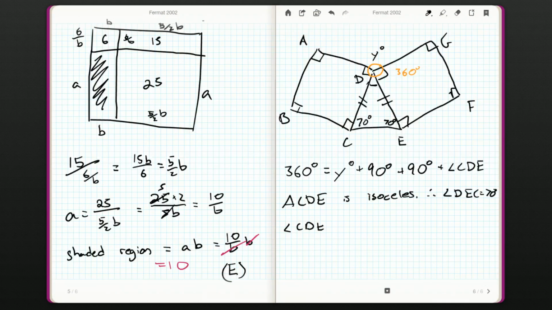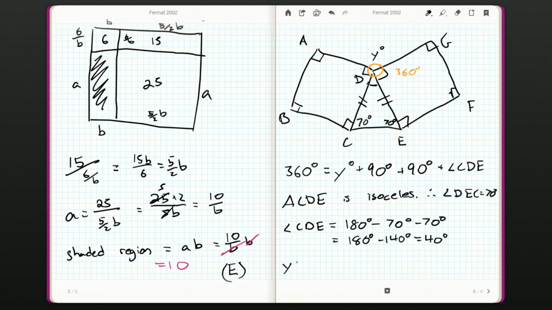Now I know that CDE is part of a triangle, and triangles add up to 180 degrees. So 180 degrees minus the 70 down here and the 70 down here, that leaves me with 40 degrees. Yeah, 40 degrees.